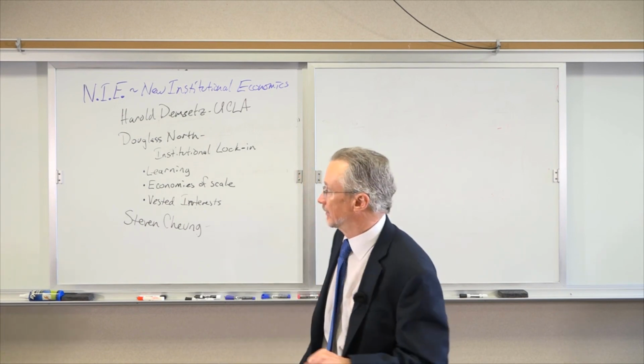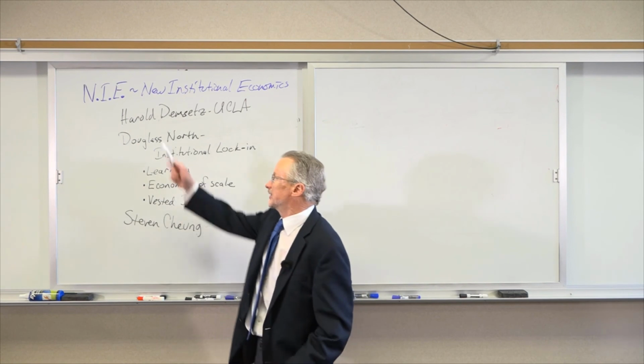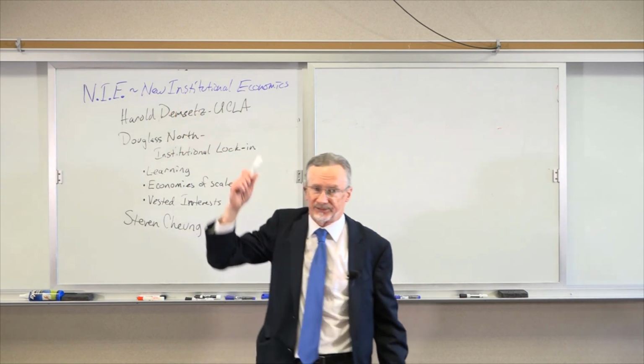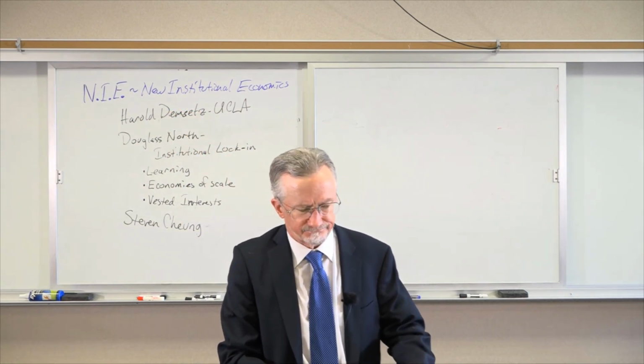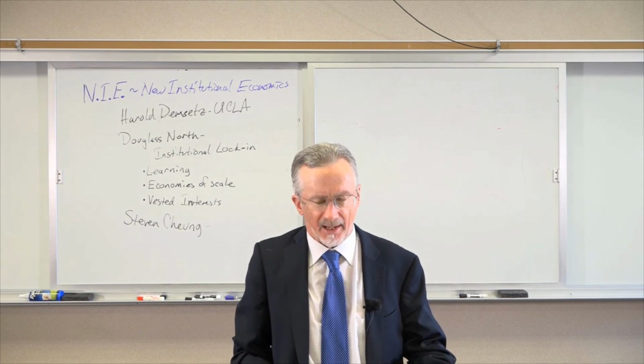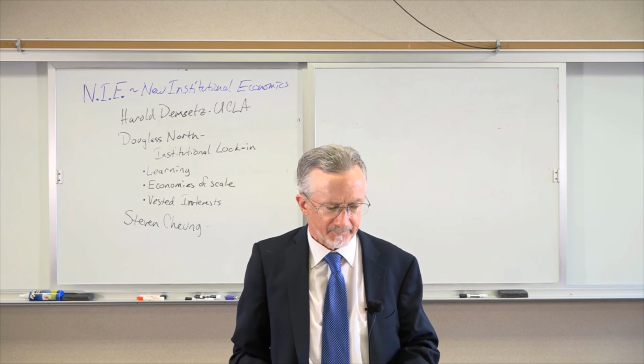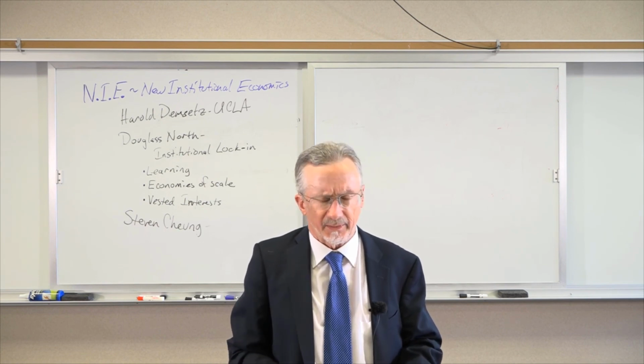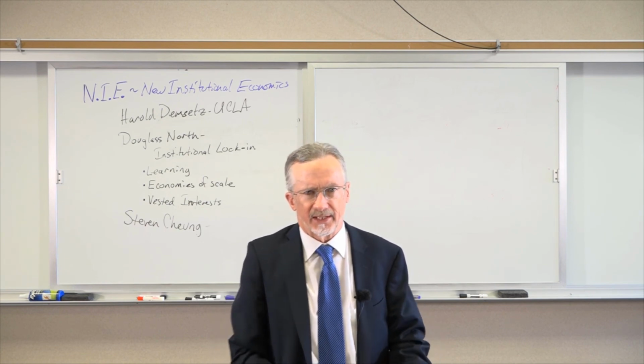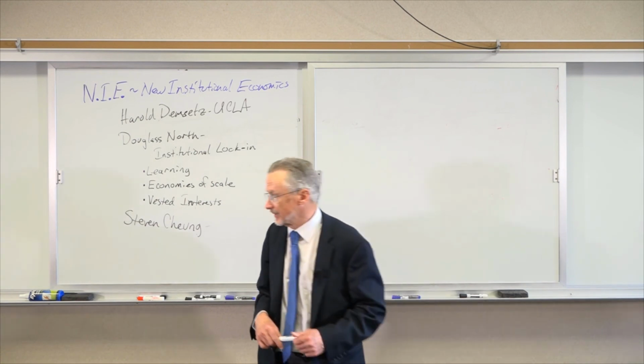Great. Well, there's a great deal of work that can still be done with new institutional economics. It's an area that's just barely been tapped, I think. And hopefully some of you will do some work in that. Great, but it kind of brings us full circle on the issues of institutions and property rights.